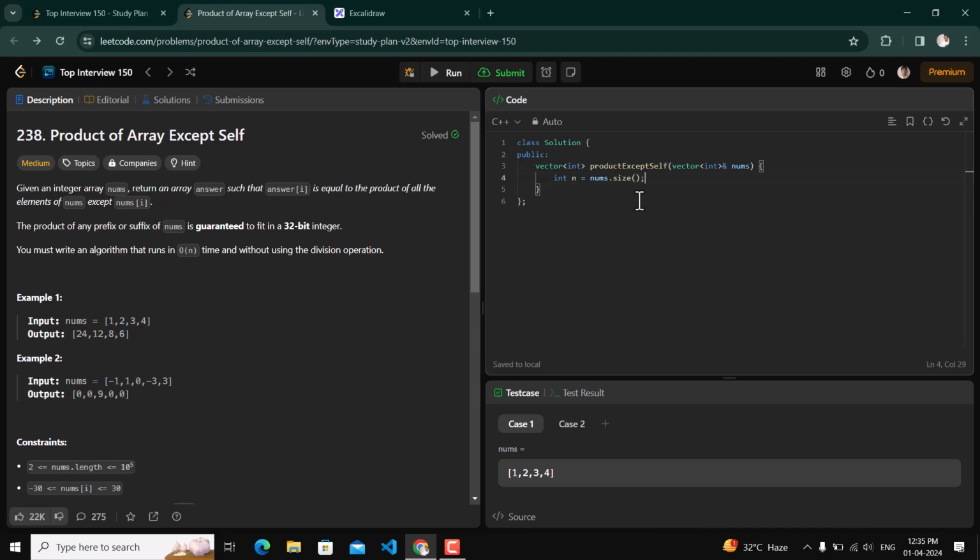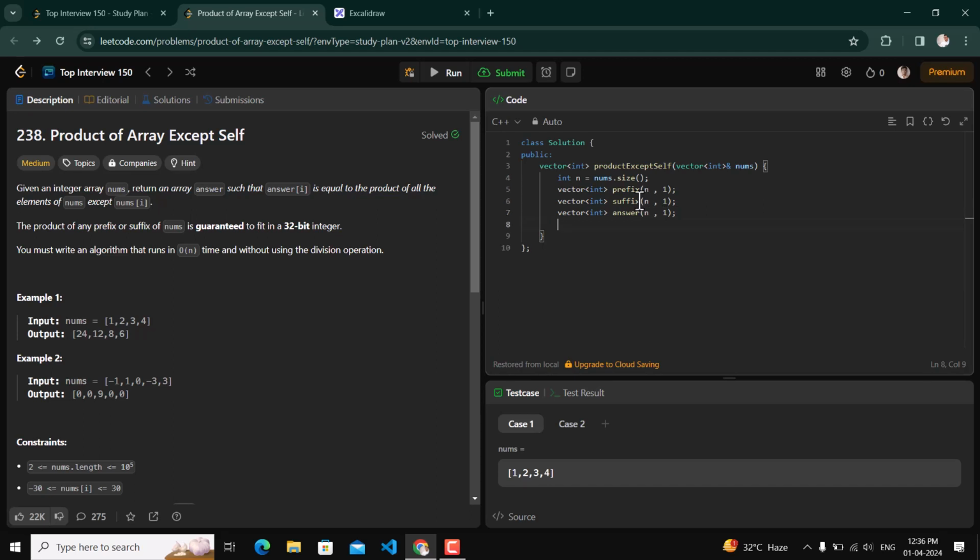Then we will have three vectors of type integer: prefix, of the same size as n, initialized with 1; suffix, of the same size, initialized with 1; and another vector of type integer, answer, in which we will store our final answer and return it.